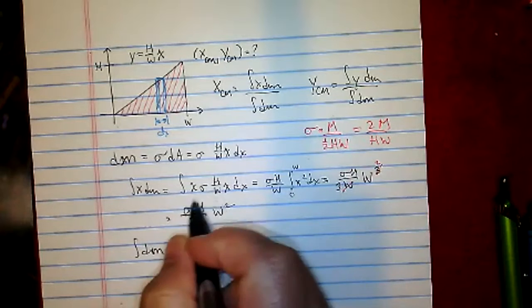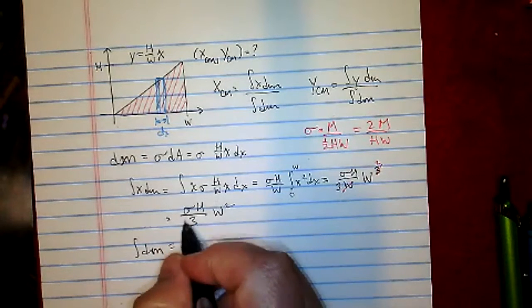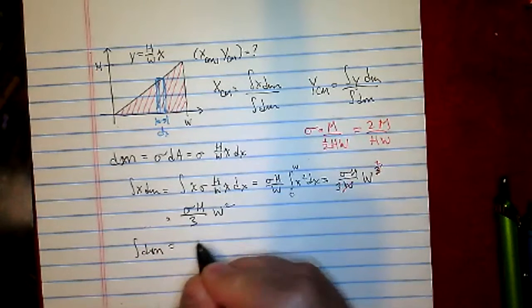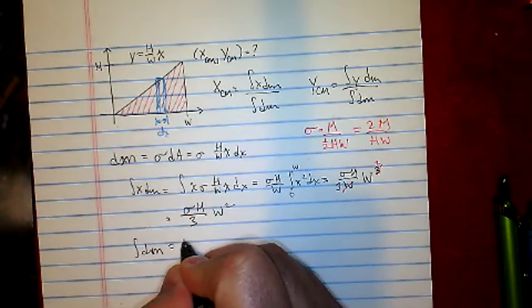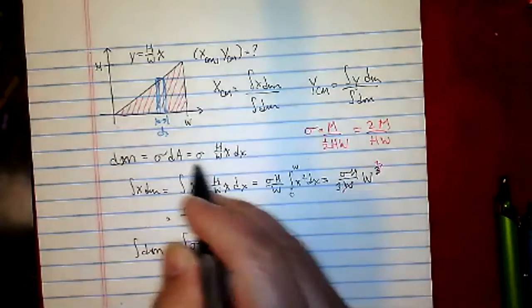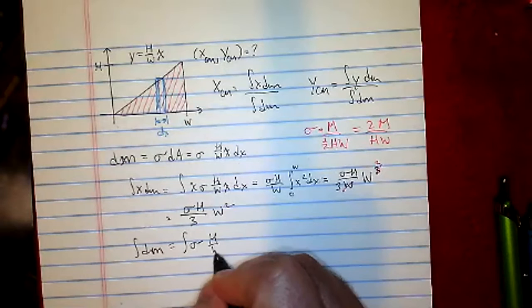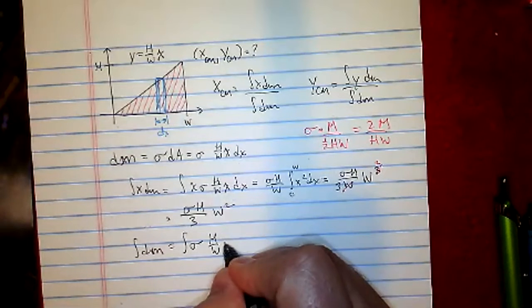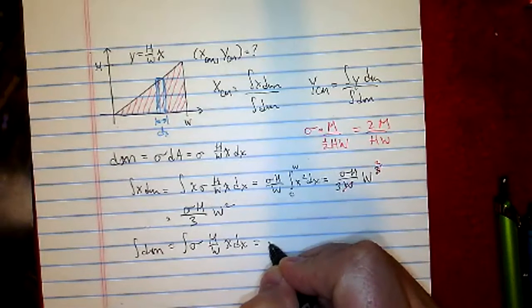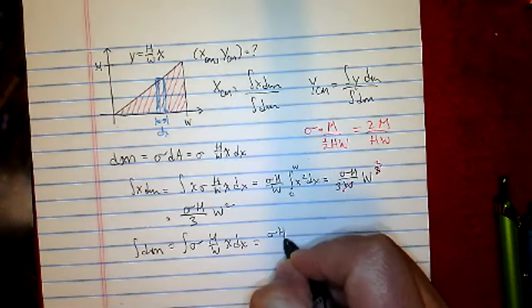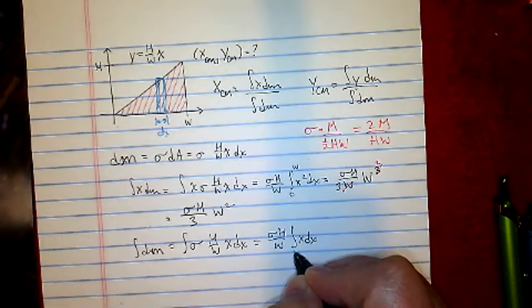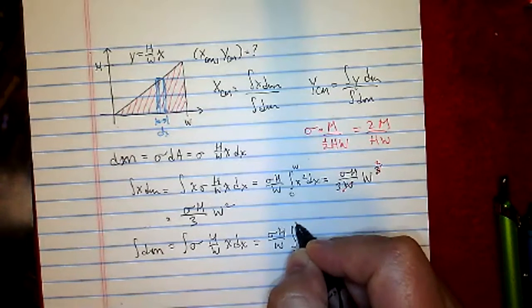When that comes out, these things out in front will cancel out, including the sigma. So you can do it that way, but like I said, I'm going to do it this way for this particular time. So it's just the integral of dm, which is the integral of sigma times h over w times x times dx. So I'm going to pull out all the constants in front and say sigma h over w times the integral of x dx, and I'm going to integrate from x equals 0 to w again.